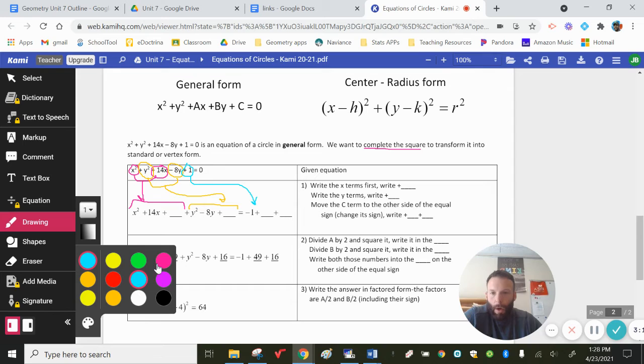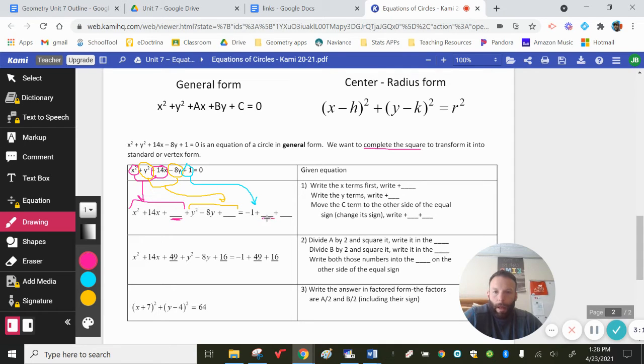And whatever I add in this spot right here, I have to also add on the other side of the equal sign because I'm keeping the equation balanced. I'm not going to change the equation of the circle, I'm just rearranging it. And again, whatever I add to the y terms, I have to also add to my other side of the equal sign here.